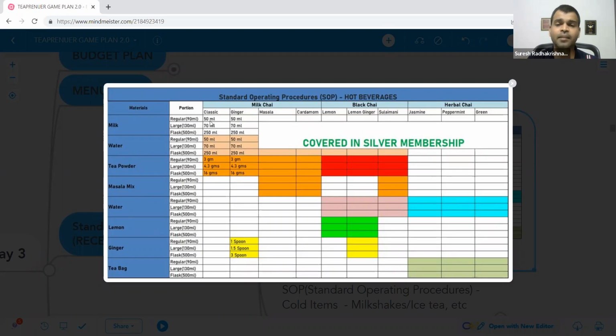In a detailed manner, I've also given the measuring tools, 50 ml measuring tools, and how to purchase them. If you purchase those measuring tools, it will only take 50 ml. So you need to use milk 50 ml for classic tea, water 50 ml, powder 3 grams. Typically a teaspoon will take 3 grams. And that's for plain tea.